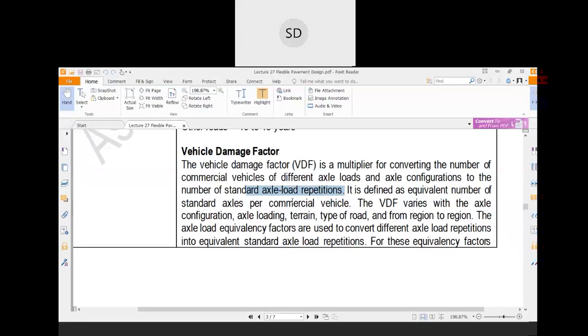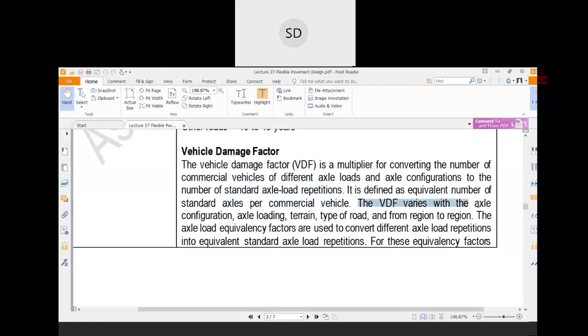For this you have to multiply with a factor to convert into the standard one. That factor is called the vehicle damage factor. It is defined as the equivalent number of standard axles per commercial vehicle.